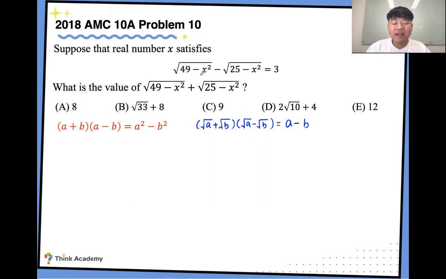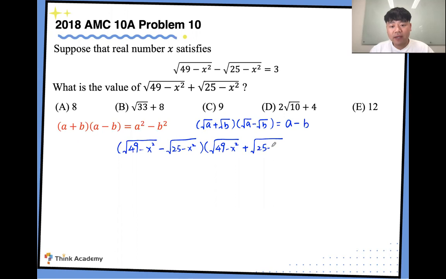Okay, so in here we already have a pair of conjugate. We just need to multiply them together. So square root of 49 minus x squared minus square root of 25 minus x squared times square root of 49 minus x squared plus square root of 25 minus x squared.